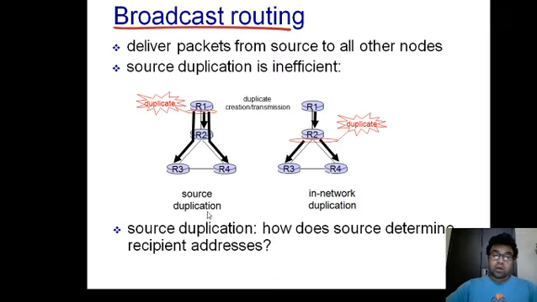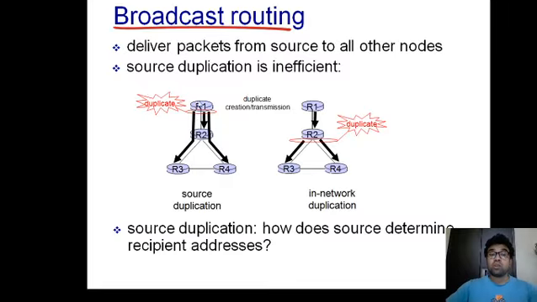But source duplication is required, which means the source has to produce n number of packets. The source will unicast the information it has to share to all the nodes, but this process is going to take a lot of bandwidth and a lot of time of R1.